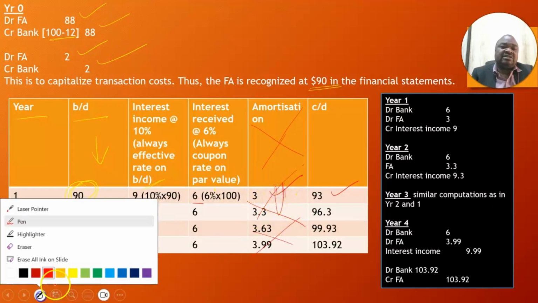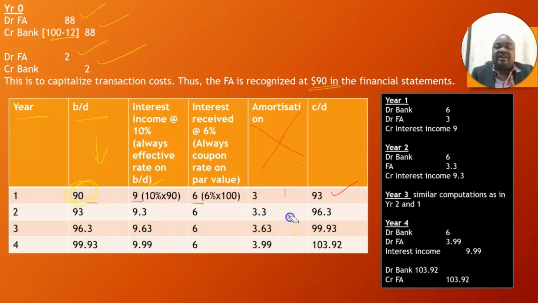So it is also encouraged that you may keep the column as well, because if you are not mathematically upright, you might find the column useful. So you may keep it, right? But just understand that the amortization is just between the interest income and interest received, the actual money which was received. So the difference between the two.